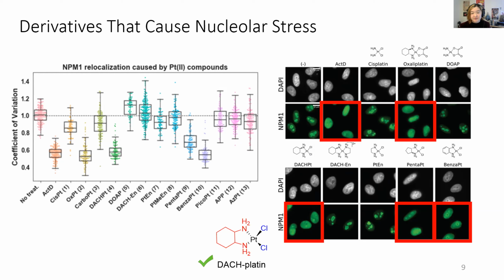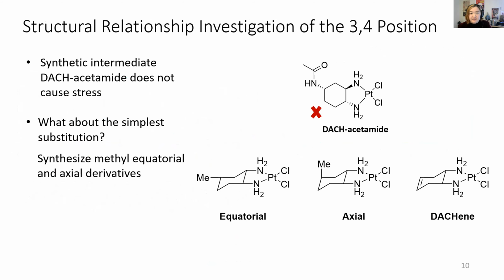This is a derivative of oxaliplatin, and a lot of the research that I've most directly been involved with in the lab has been researching how we can manipulate this ring structure that docplatin has while still creating compounds that cause nucleolar stress. And so this is with the ultimate goal of creating an azide derivative that would create a clickable compound, and I'll talk a little bit more about the significance of that later.